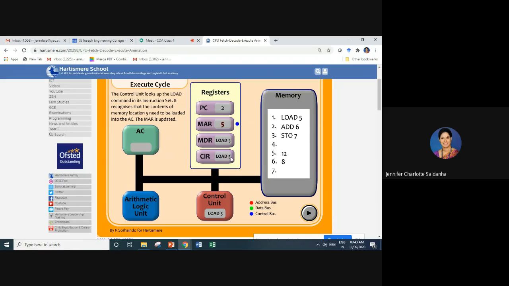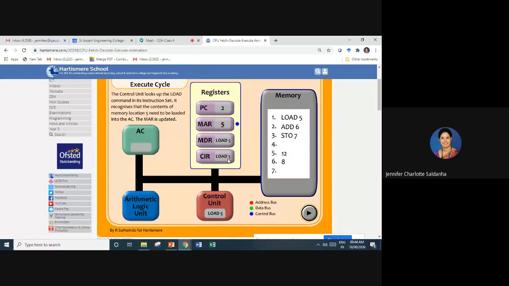So now the memory location's address has to be sent to MAR. This is the second read operation. During the execution, if there is any operand present in a memory location, it has to be read into the processor, right? During decoding, it understood that the operation is to load the content from memory location 5.